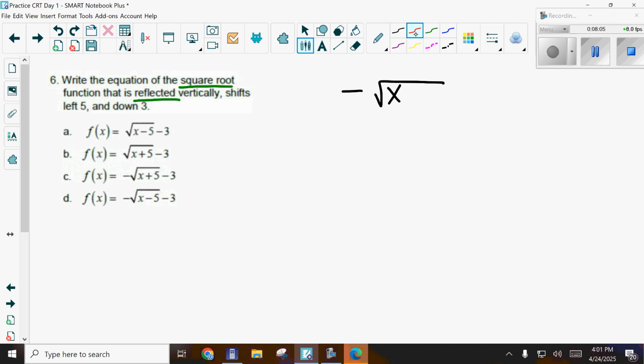The thing about this left 5 though is everyone wants to put negative 5, but because it's in there with your x, it's actually going to lie to you because your x lies. So that's actually going to be a plus 5 in here. And then your vertical shift says down 3. Down 3 would go at the end as a minus 3. So the correct answer for number 6 should be choice C.